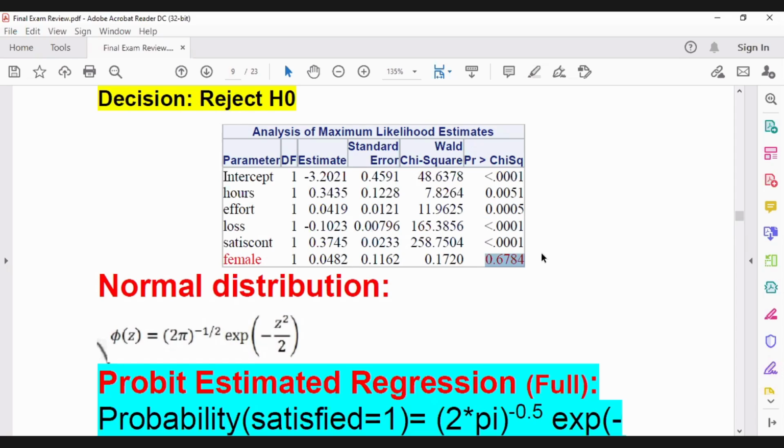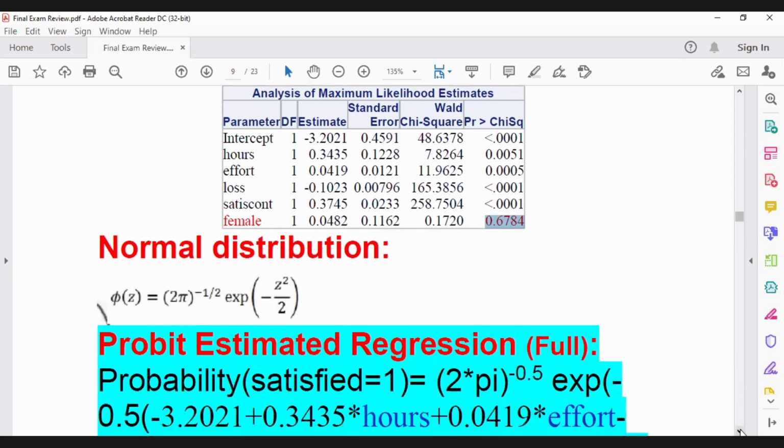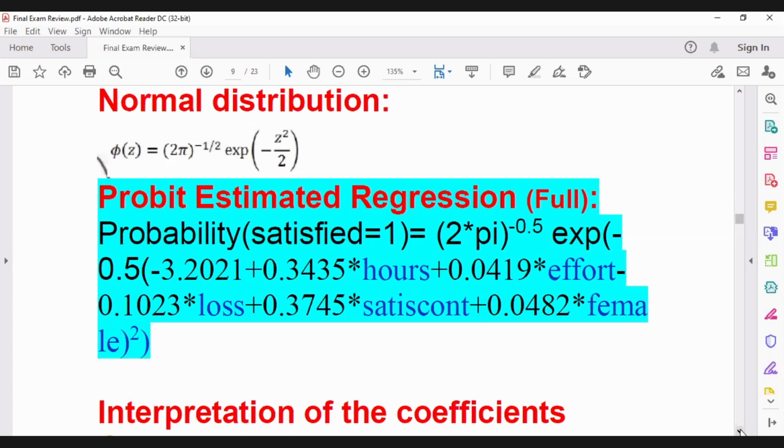And by the way, under the probit model, we assume a normal distribution in x's. Okay? So meaning that f of x is equal to (2 pi) to the power of minus 0.5 times exponential of minus x squared over 2. This is the mathematical form of the normal distribution. The probit regression model is written as follows.